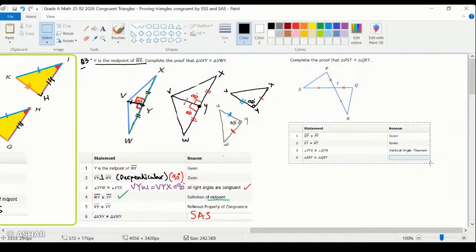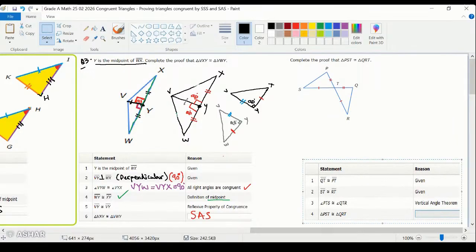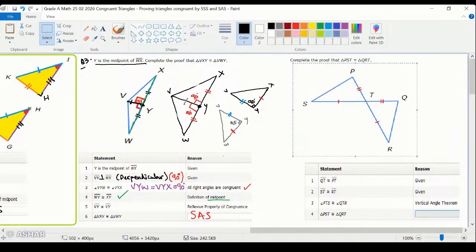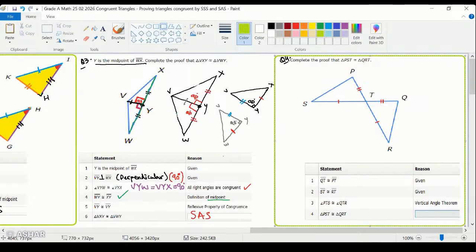This is for our question number 4. This is the diagram that has been given to us. Let's separate question number 4 from question number 3. Let's look at question number 4 and see what information is given to us.